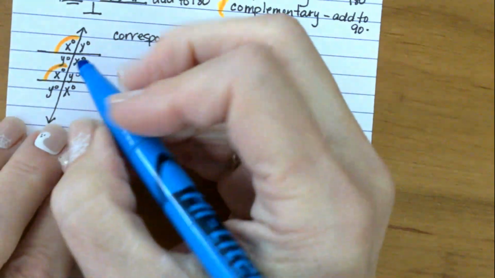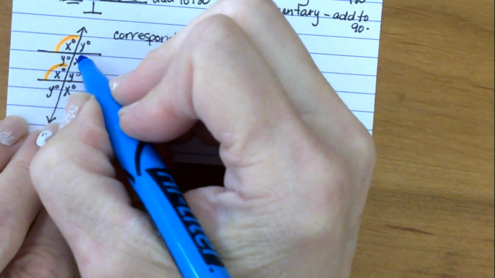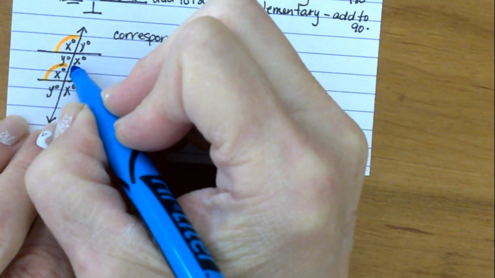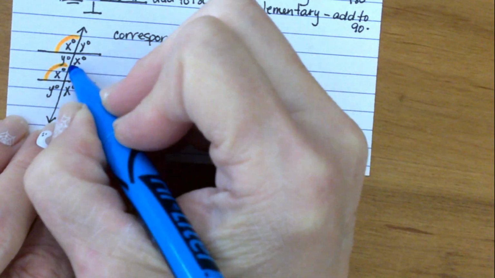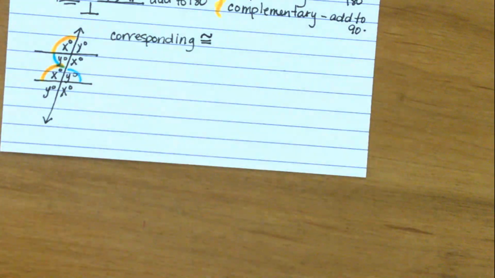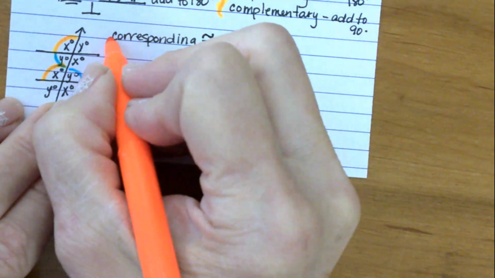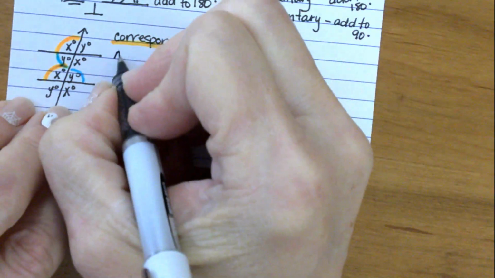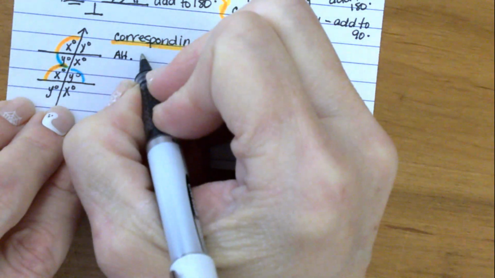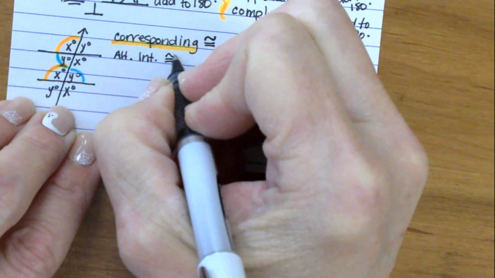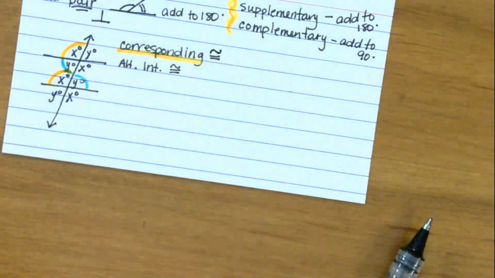Then, if I did alternate interior, let's say I chose this Y here and this Y over there. Okay, so alternate interior angles, those are congruent.